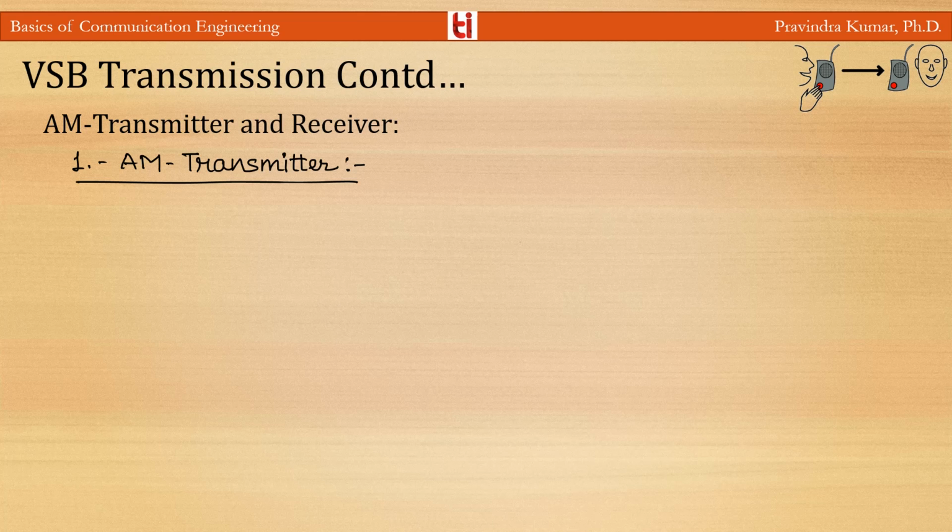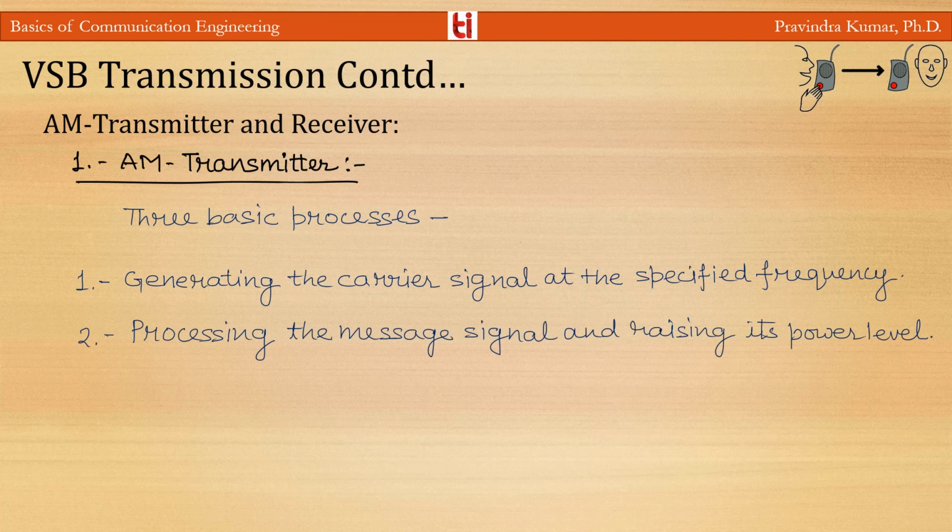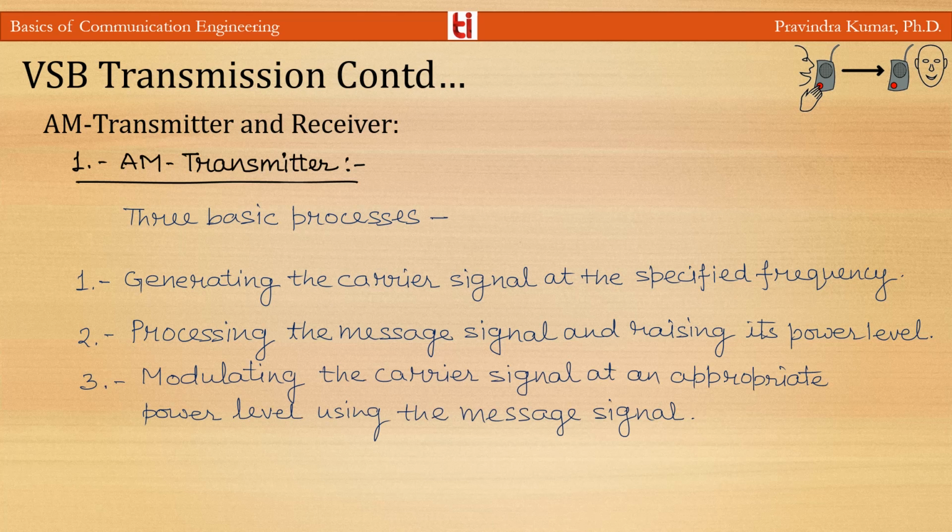Now the AM transmitter and receiver. First of all, we will discuss the AM transmitter. Any transmitter, whatever may be the type of modulation employed, has three basic processes: generating the carrier signal at the specified frequency, processing the message signal and raising its power level, and modulating the carrier signal at an appropriate power level using the message signal as the modulating signal.